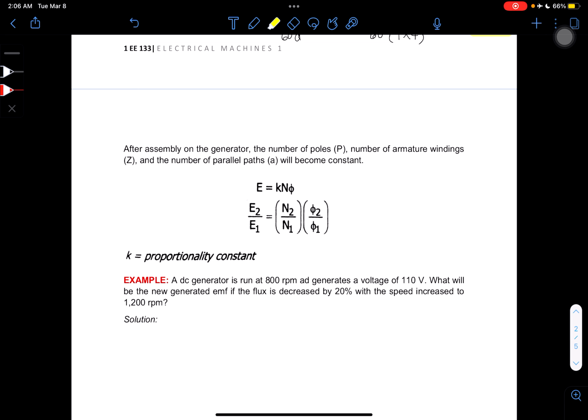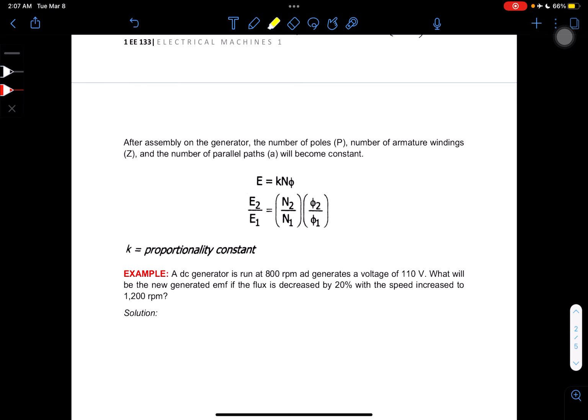So if after the generator is assembled, these three, P, Z, and A, will be constant, we have K. So we have here our formula if they become constant: E2 divided by E1 is equal to N2 over N1 multiplied by flux per pole 2 divided by flux per pole 1.